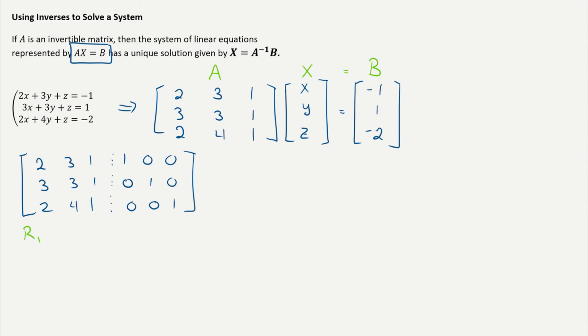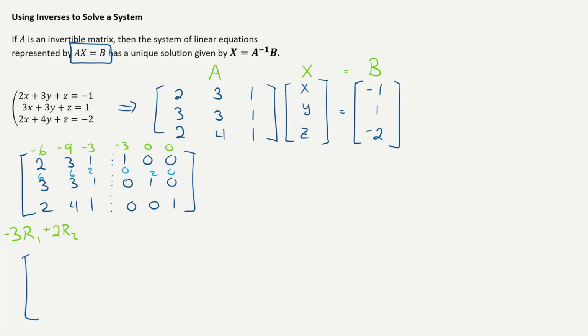So I'm going to have to go -3 times row 1 plus 2 times row 2. So in green, I'll write this new row. So I get -6, -9, -3, -3, 0, 0. And then my new temporary row 2, I can write this in light blue, is going to be 6, 6, 2, 0, 2, 0. And I'm going to add that green and blue.